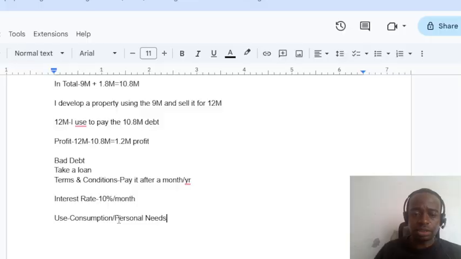All right, so let's take, for example, you take a debt worth 100,000. The interest rate is 10% per month, which means 10% of this is 10,000.